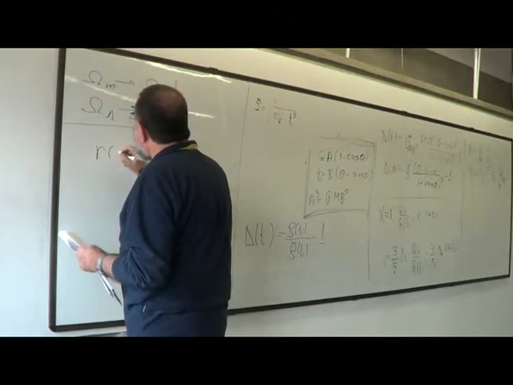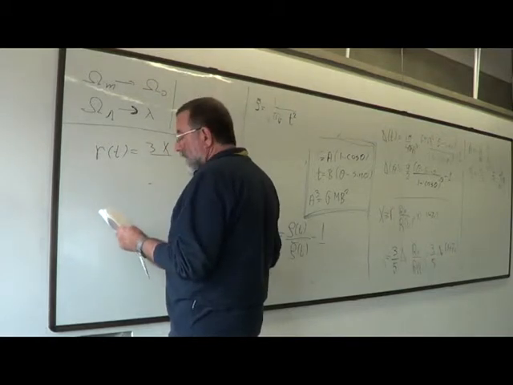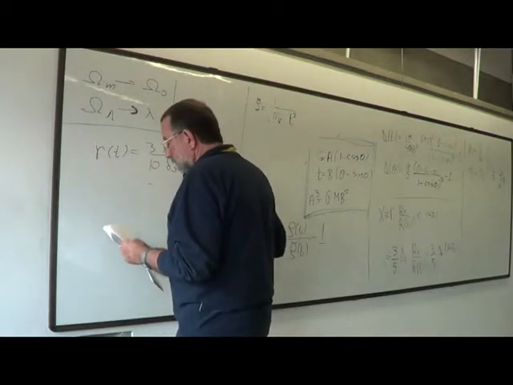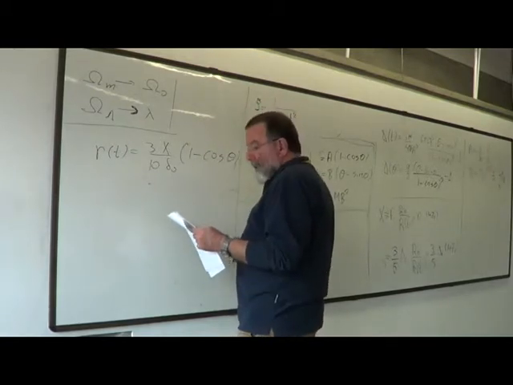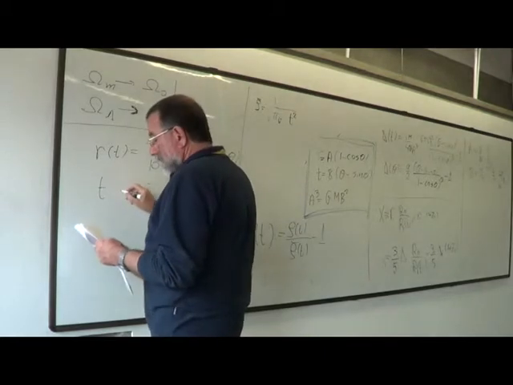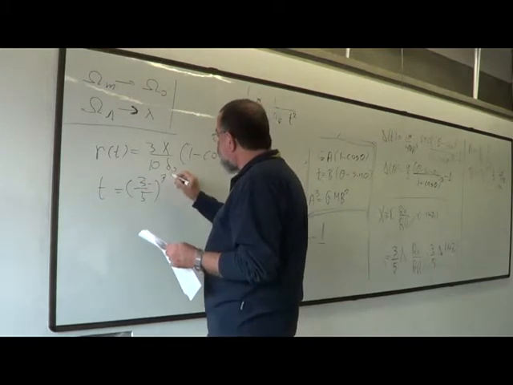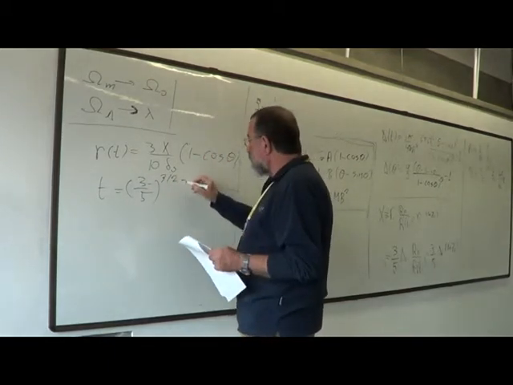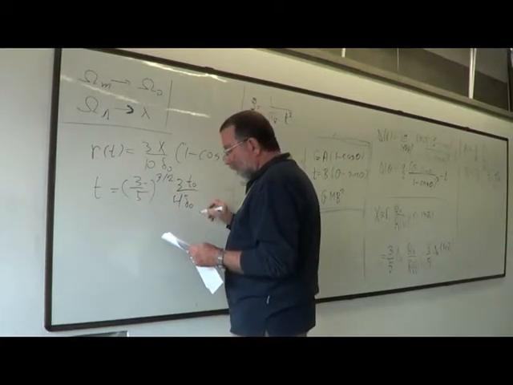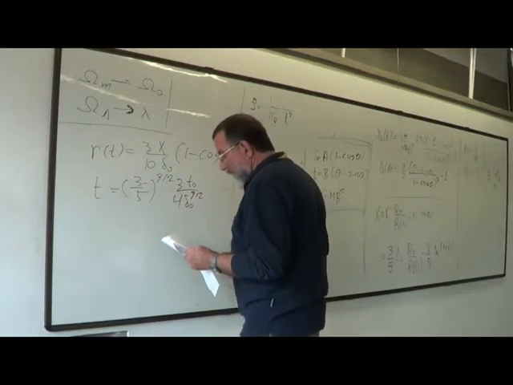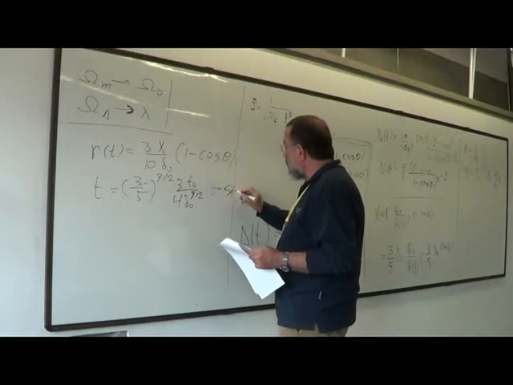I find that R of t equals 3x divided by 10 delta naught times (1 minus cosine theta), and t equals (3/5)^1.5 times 3 t naught divided by 4 delta naught to the power of 3/2, times (theta minus sine theta).